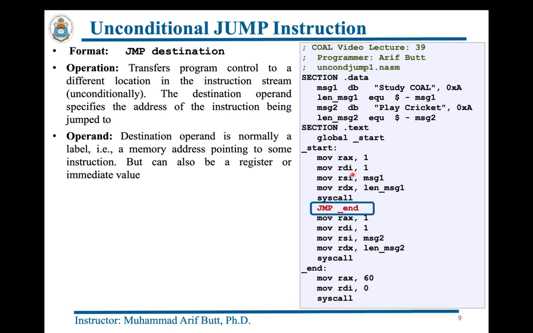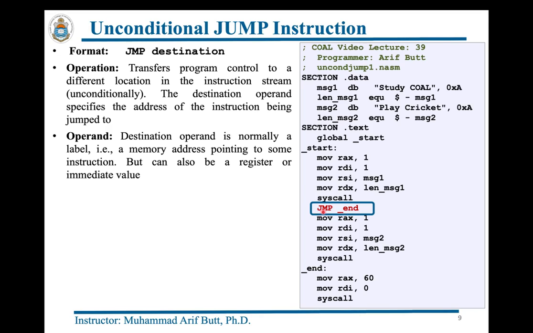Well, in this code snippet over here, you can note this is the unconditional jump instruction, which is transferring the flow of control to a label named underscore end.